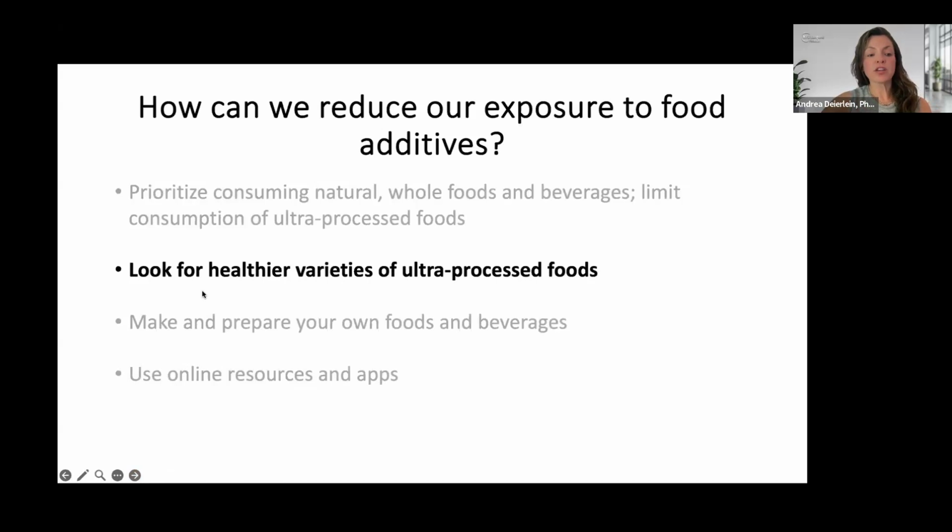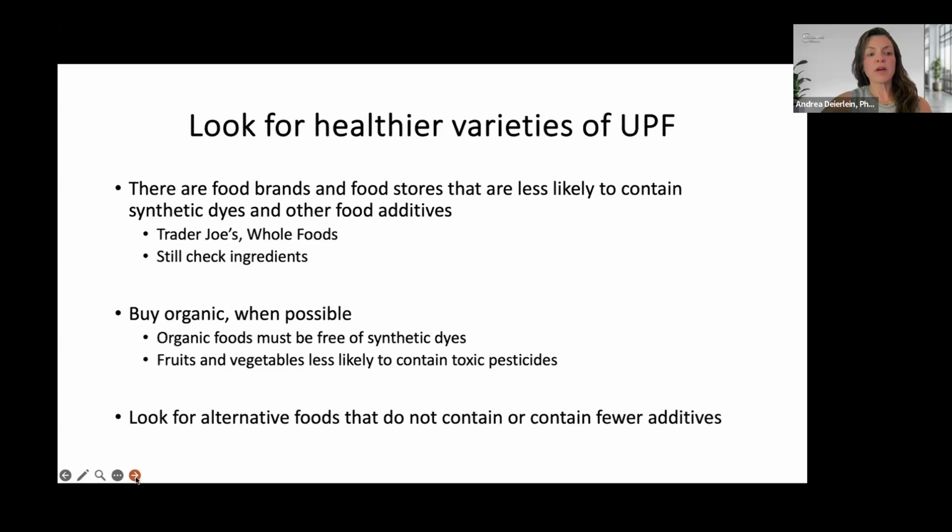We also might want to look for healthier varieties of ultra processed foods. So there are food brands and food stores that are less likely to contain synthetic dyes or other food additives. So, Trader Joe's and Whole Foods. You might want to buy organic when possible, because organic foods are usually going to be free of synthetic dyes. And obviously, with fruits and vegetables, they're less likely to contain pesticides.